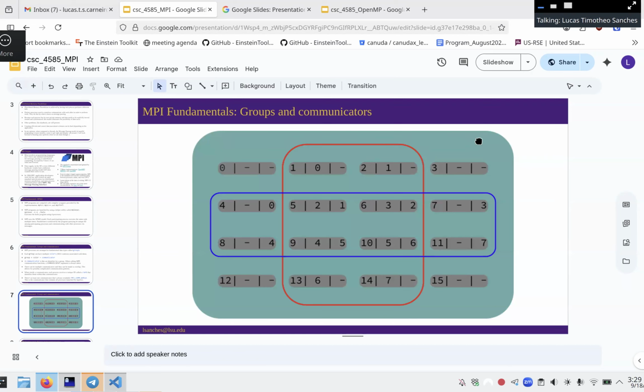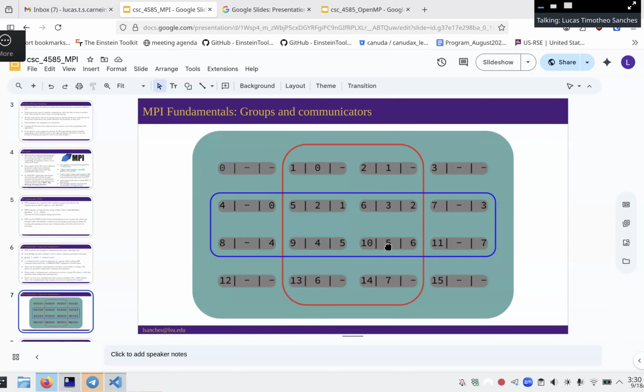It's the communicator that envelops all of the processes. You can see here that we have 3 numbers. The numbers on the outside are the ranks as viewed by the global communicator. So if you're using the green communicator to do message passing and you want to talk to this process, you would call it rank number 10.